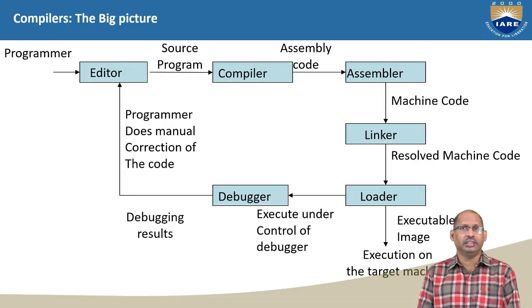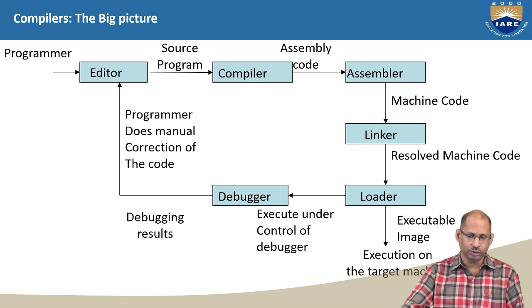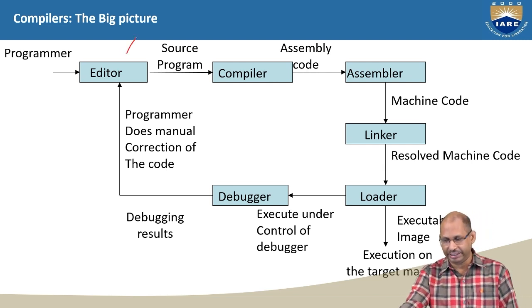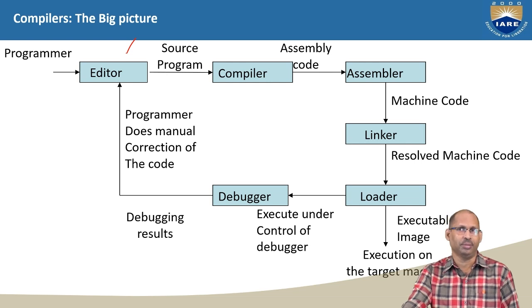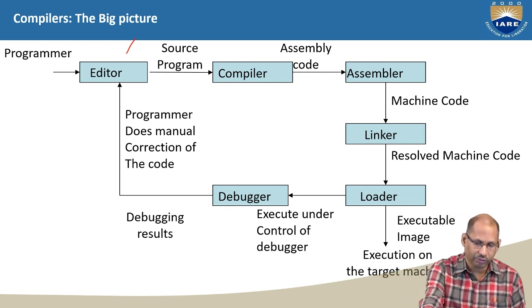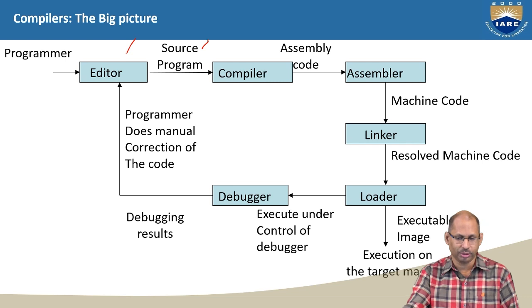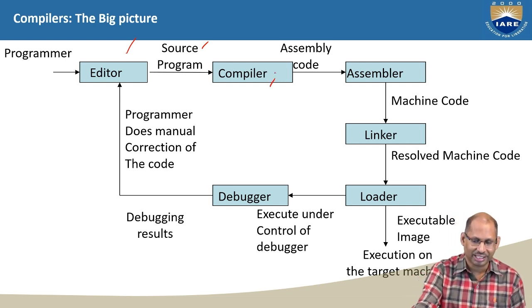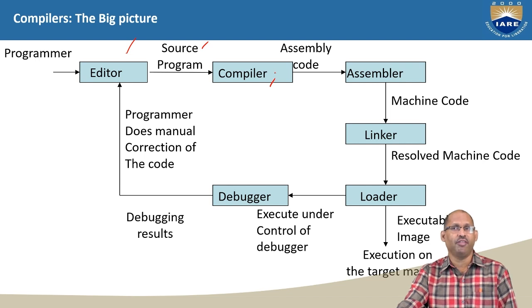So in general, the programmer will use an editor. Using the editor, we write the program, and the output of the editor is the source program. The source program will be the input to the compiler.